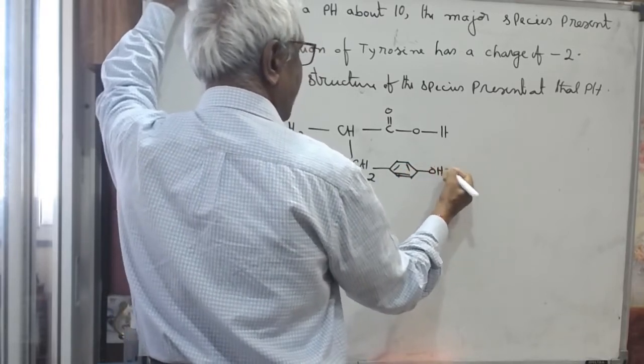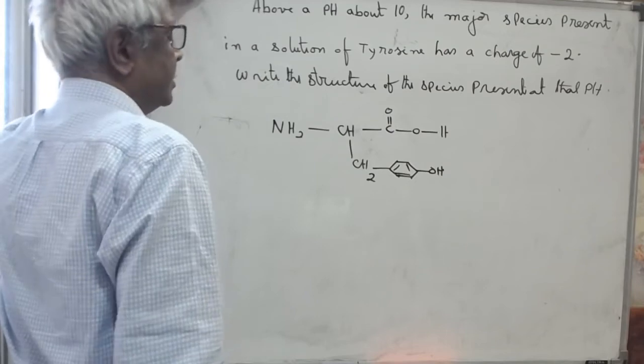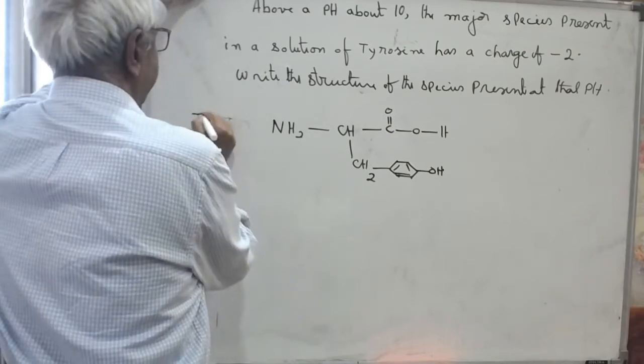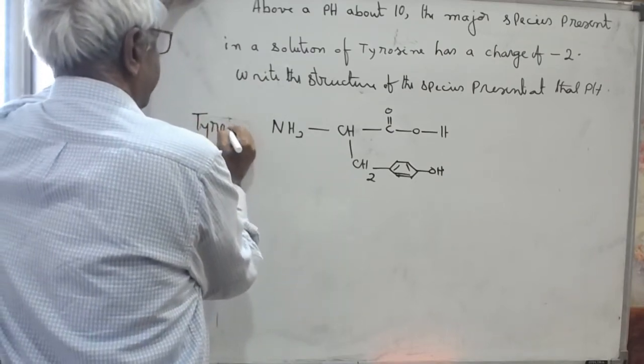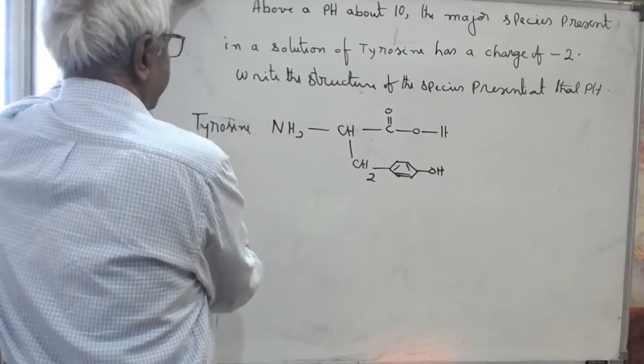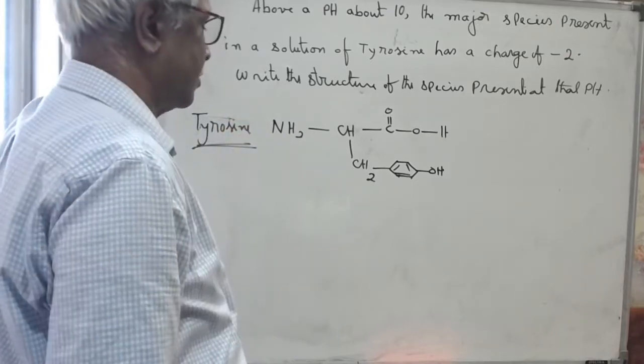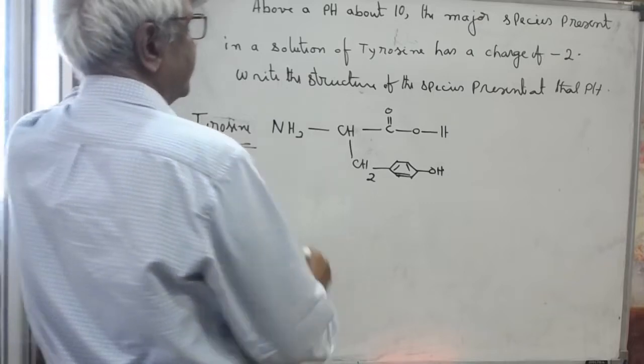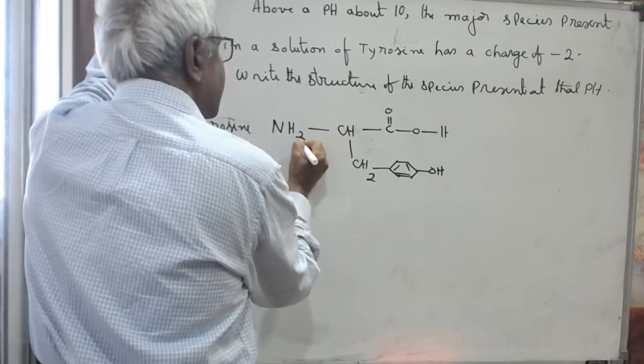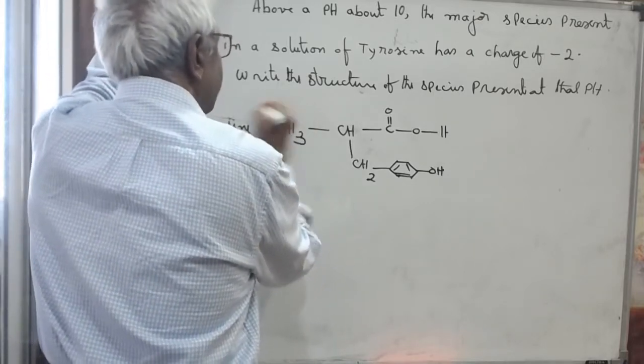With an OH at the para position, this is tyrosine. In the most acidic condition, this is the structure.